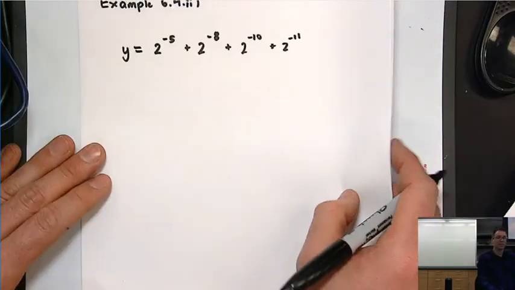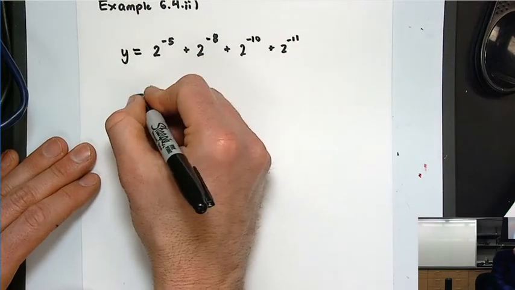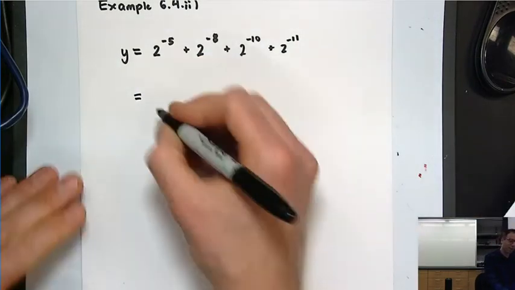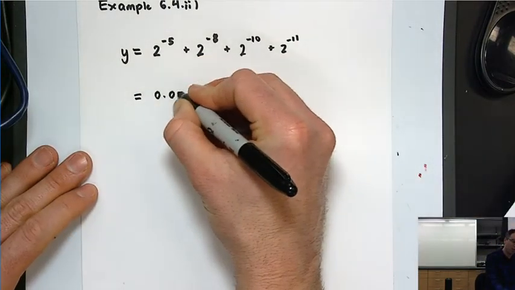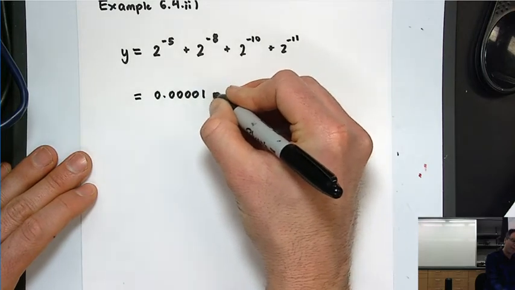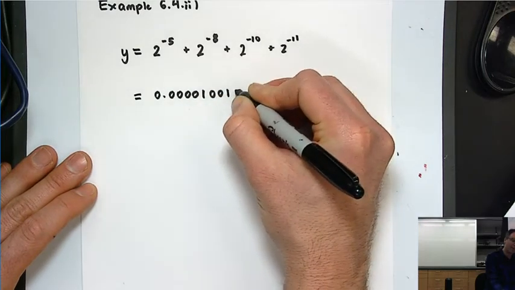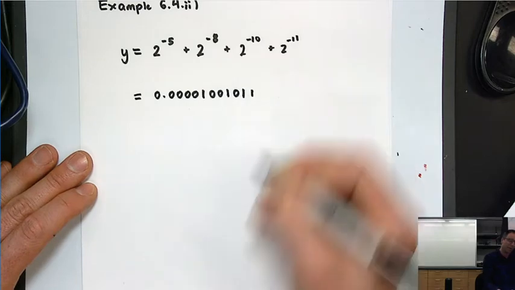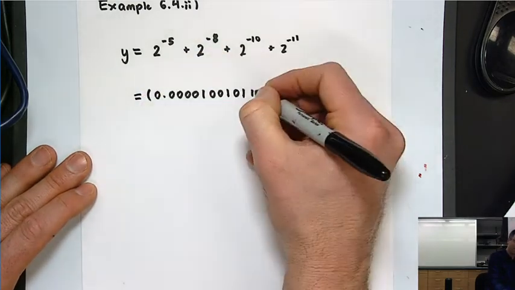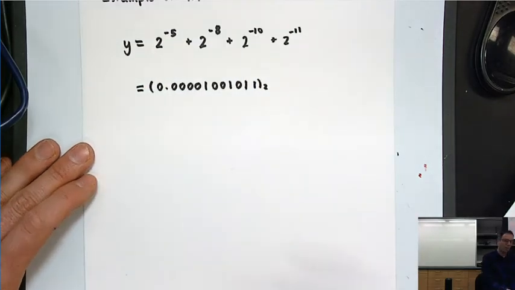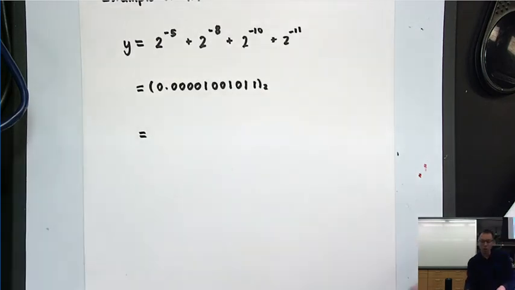Let's write this out as a pure binary fraction. So this would be 0.00100101100 and so on. If I were to write that as a binary fraction, it would look like this. What would the corresponding float look like?